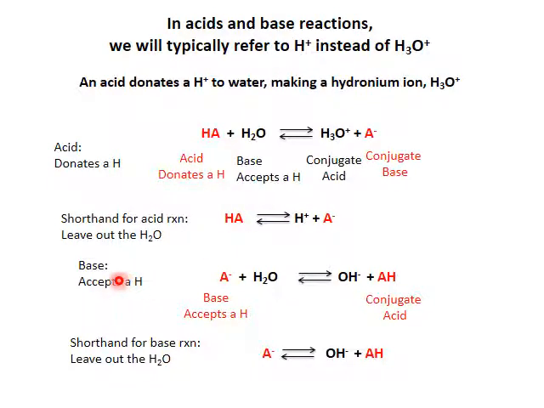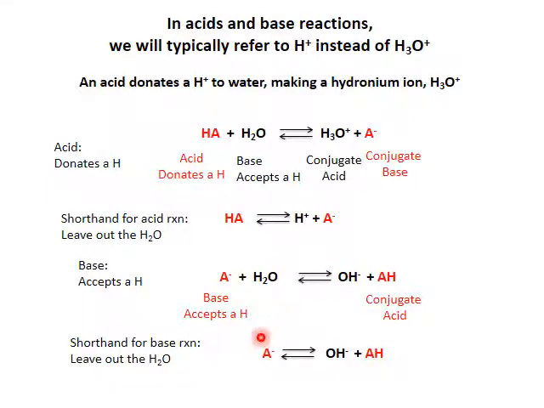We can also look at a base in terms of accepting a proton. So a base will be present in solution, get a proton from water to form the conjugate acid, and the hydroxide ion will be formed in the process of that proton dissociation of water.